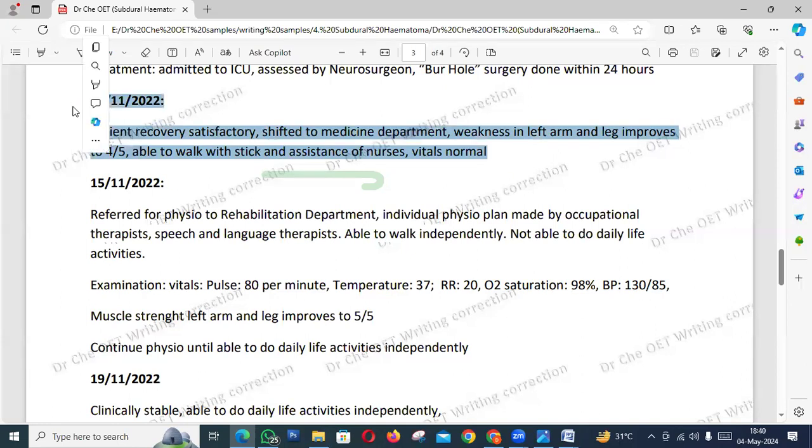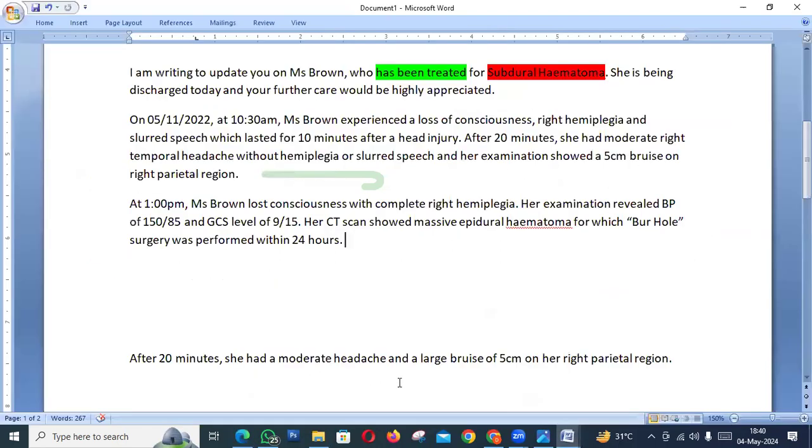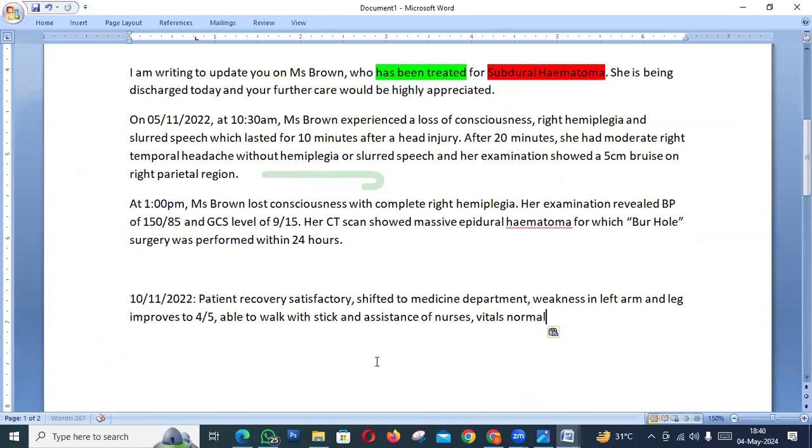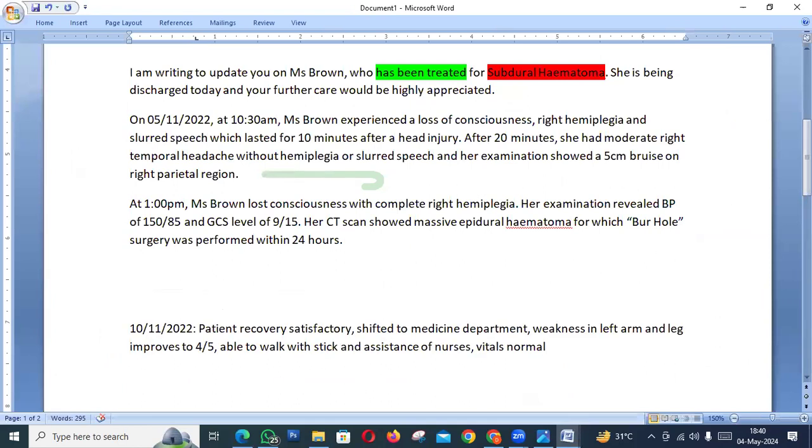Out of this, what is important for us to write? What is important? Step down to medicine ward. On this date, you will use the name of the patient at the start of each paragraph.